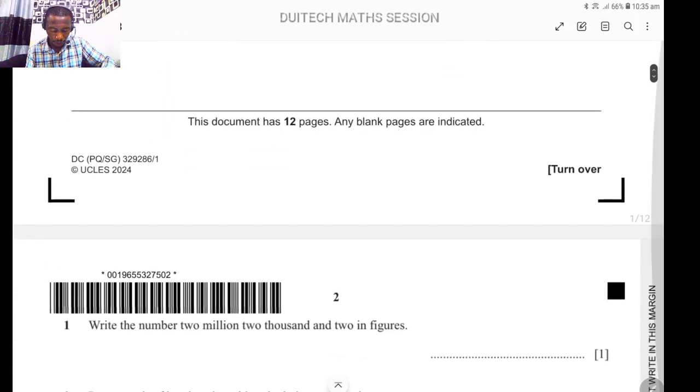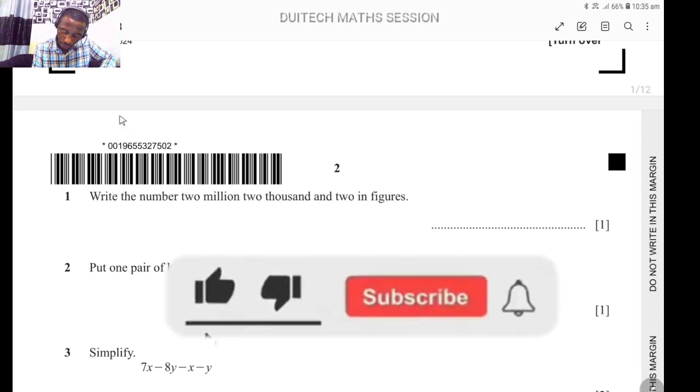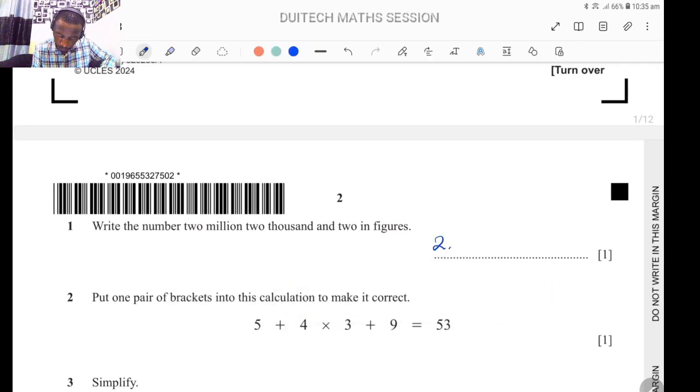So the first question here says we should write the number 2,002,002, so 2 million, in numbers.